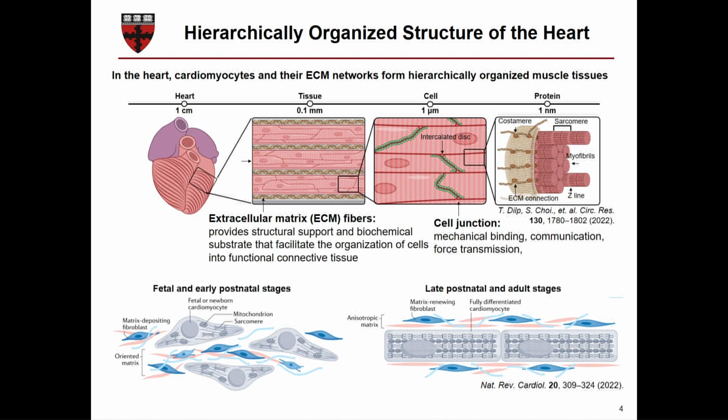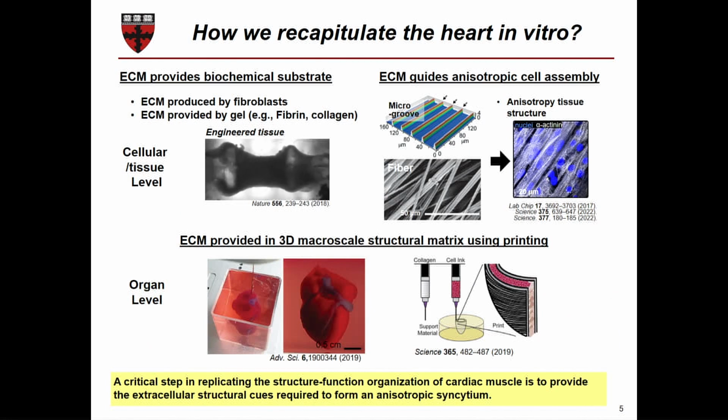Then when it matures in the later stage, the cardiomyocytes are aligned along this anisotropic ECM matrix. Based on this ECM organization during heart development, we can incorporate this to build an in vitro heart model.